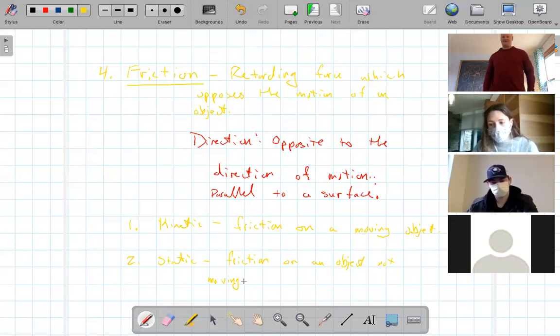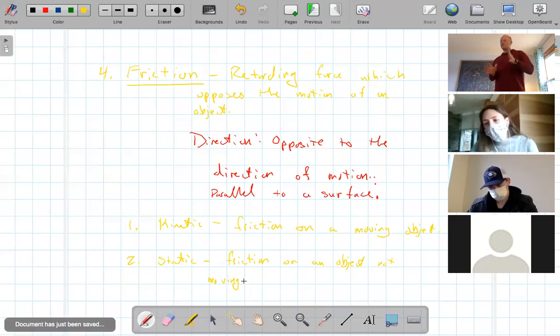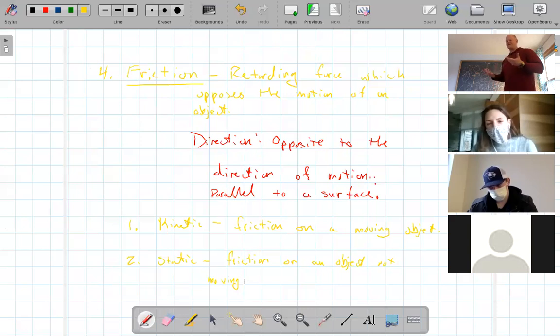What do you think? Just the friction of your shoes. Friction on my shoes. What kind of friction? Is it kinetic friction or static friction? Would there be both? Depends on the circumstance. Most of the time it's going to be static friction, right?